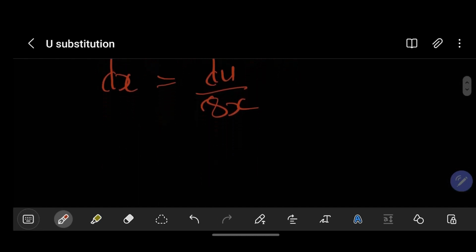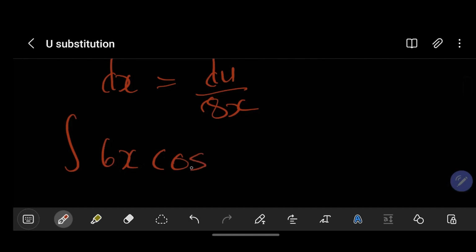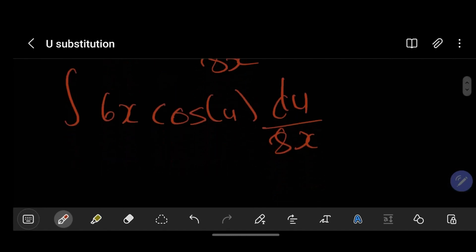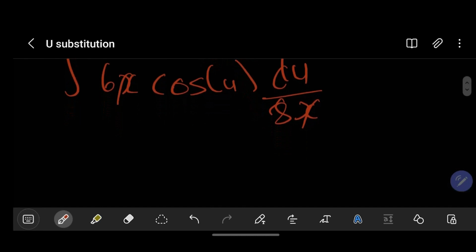Let's substitute back. So we now have the integral of 6x cos of u du over 8x, and once again we can see that the x and x can cancel out and the 6 and the 8 can divide each other.